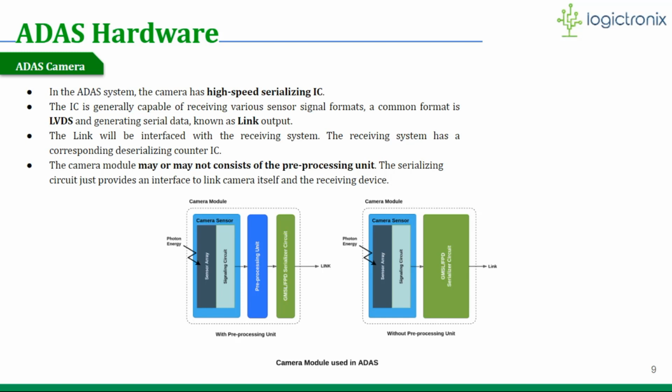The link will be interfaced with the receiving system. The receiving system has corresponding deserializing counterpart ICs, meaning the serializing and deserializing ICs have a defined counterpart. The camera module may or may not include a processing unit. The serializing circuit only provides an interface between the camera and the receiving device.